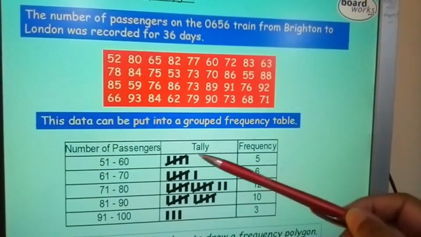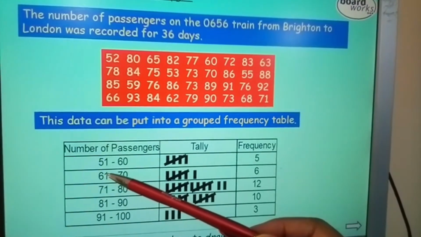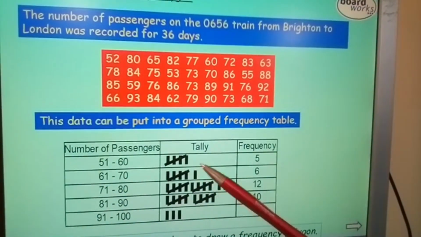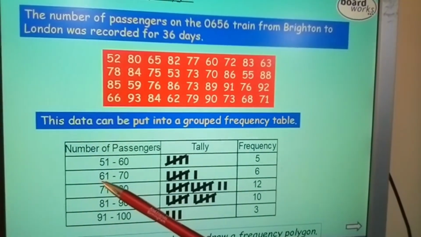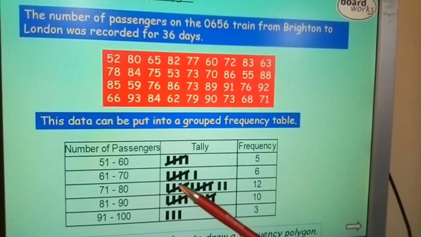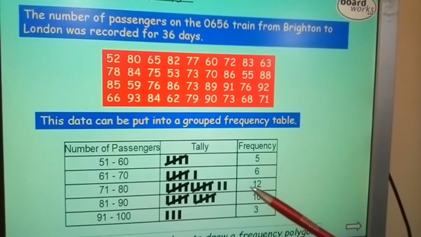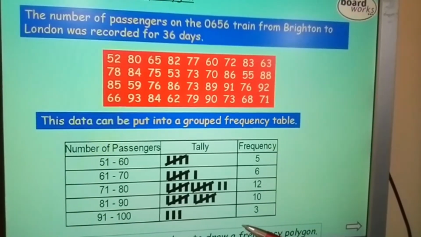So we can see that our tally is 5. The number of passengers between 51 and 60 is 5. Frequency occurs as 5. And then we go on to 61 to 70, and so on: 5, 6, 12, 10, 3.